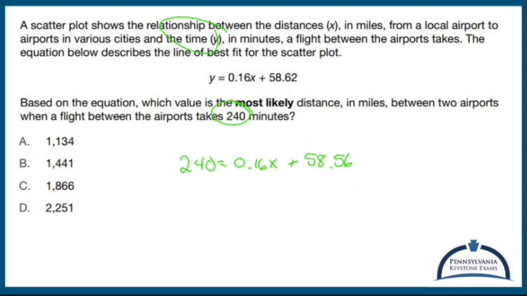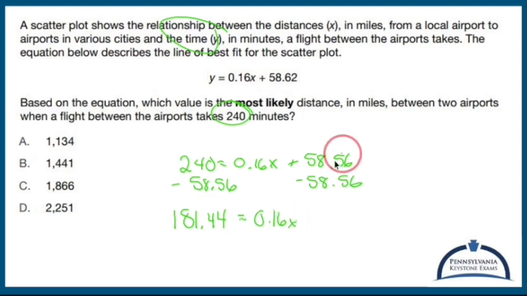Okay, let's subtract 58.56, subtract 58.56. This gives you 181.44, I think. Comment if I'm wrong. That equals 0.16x, and you are now gone.